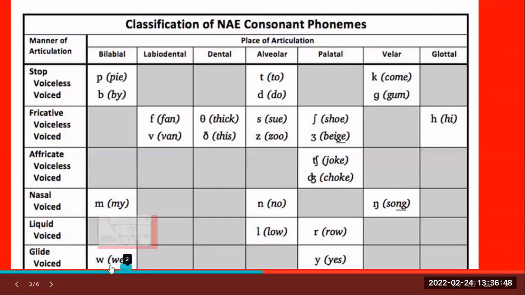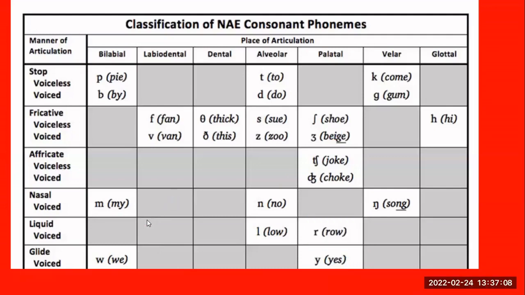Then the glides, which we also call the semi-vowels. You have W, as in we, and you have Y, as in jazz. This is the J sound, yes. Now, these are the various consonant sounds, just to give you a glimpse of them.